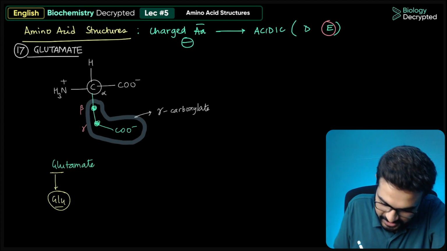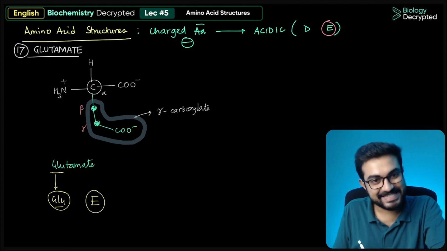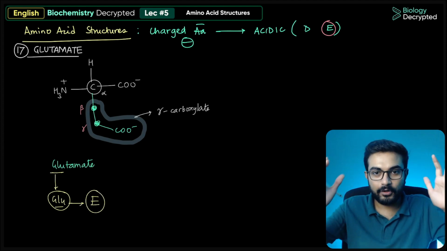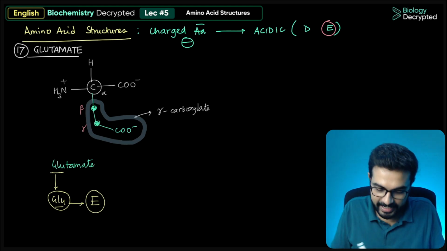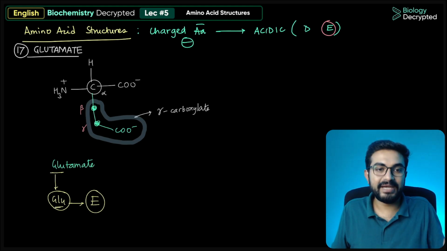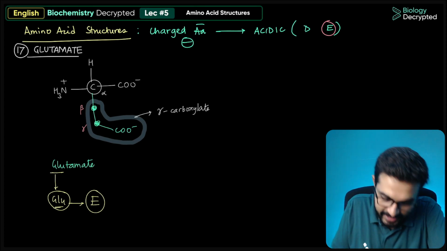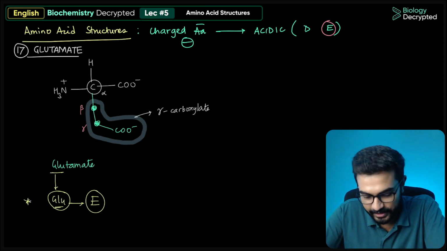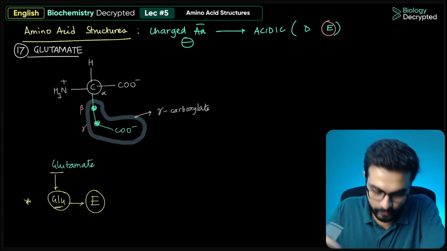Well, GLUE. This is the trick to remember it. So you have to stick all this information with glue, and this is your glue. Glutamate, GLU and E. Again, it's not very obvious from the name, but this is how you have to remember it. So this is the one-letter code and three-letter code for glutamate.